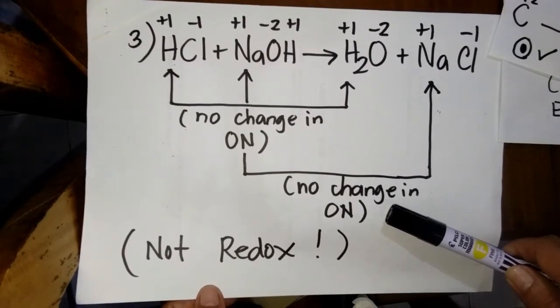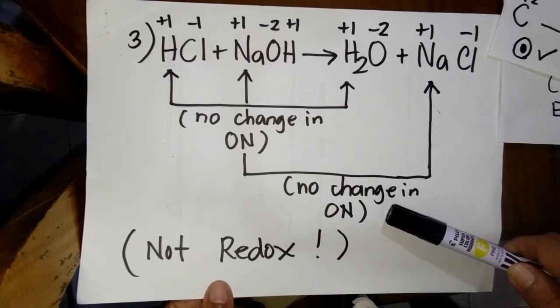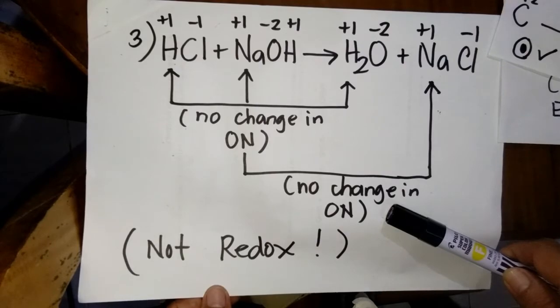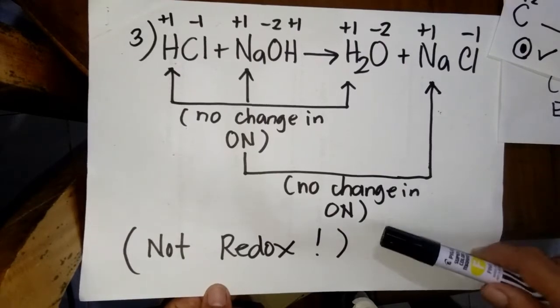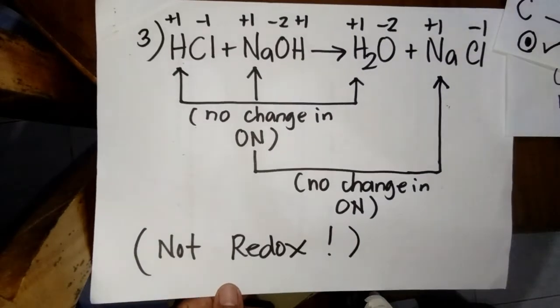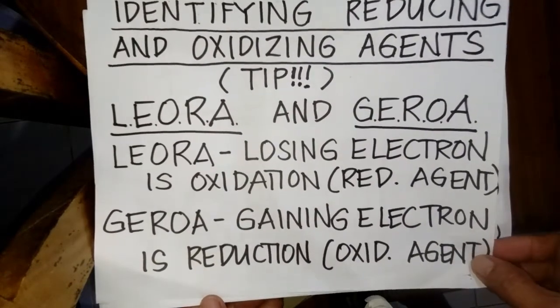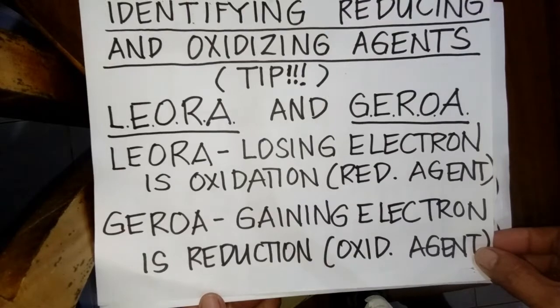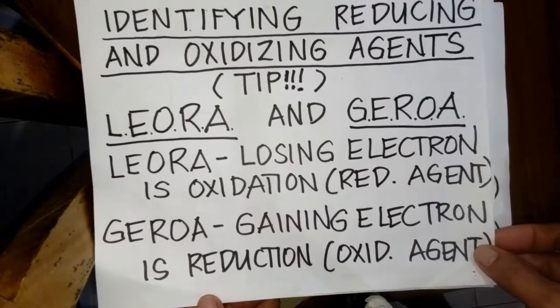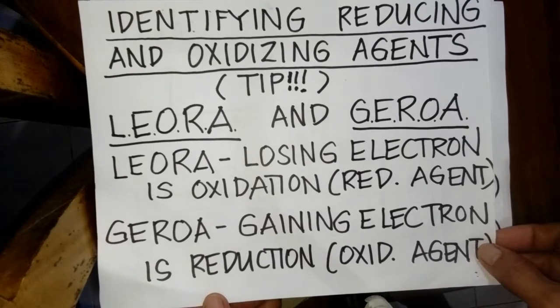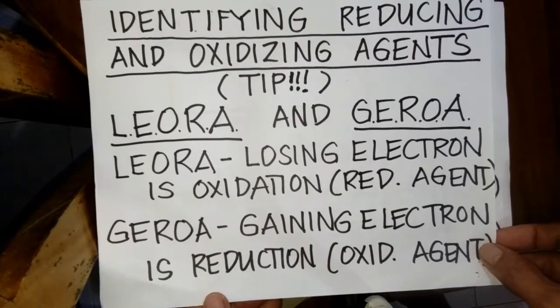Okay? We will go to another topic, which is identifying which in the reactant side is the oxidizing agent and the reducing agent. Identifying the reducing and oxidizing agents in the reactant. Here are the tips, or the mnemonic device.